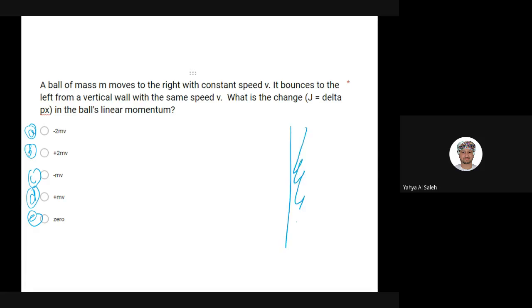So we have a wall. The ball is coming with velocity v and then hits the wall and then it's going back with velocity minus v. Okay, we have some A's, we have some B's.